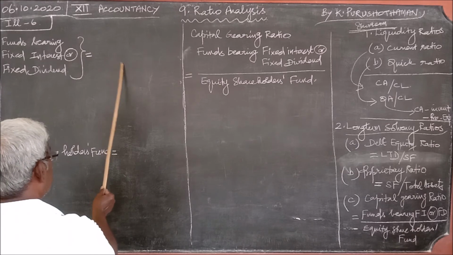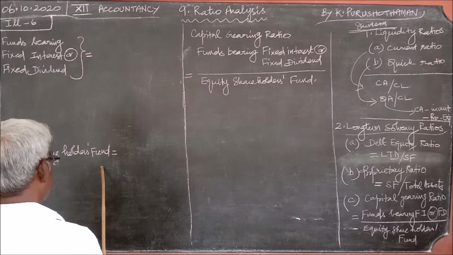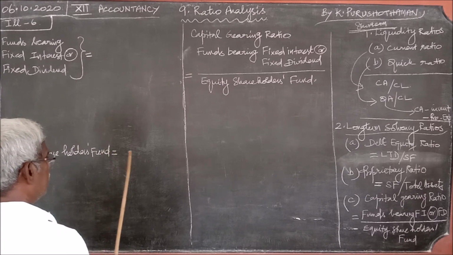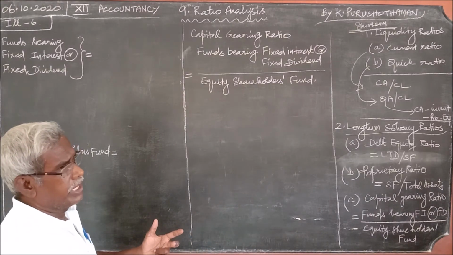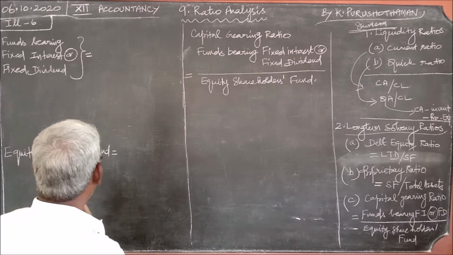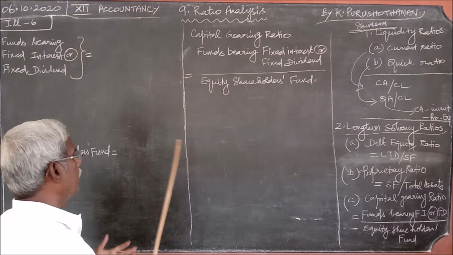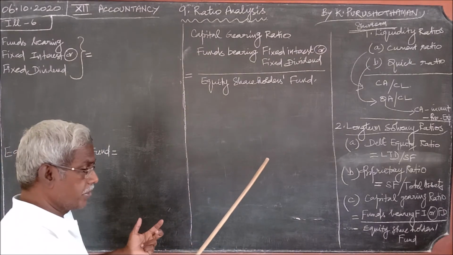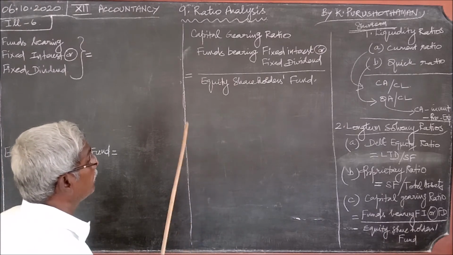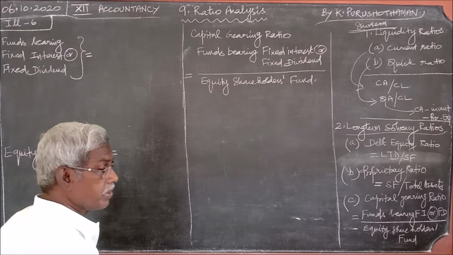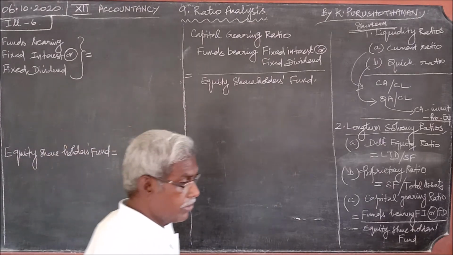So we will take this. Here, in shareholders fund we usually take preference shares, equity shares and the reserves and surplus. But if only the equity shares are given, then we should take equity shares plus reserves and surplus. That's all. After understanding these 2 points, we shall pass on to illustration number 6.